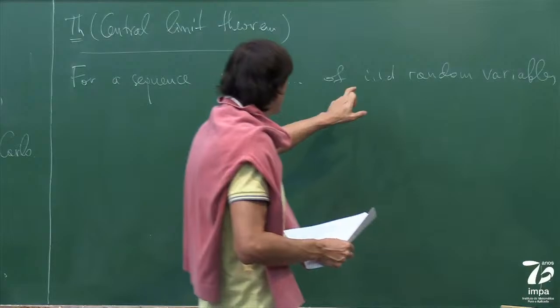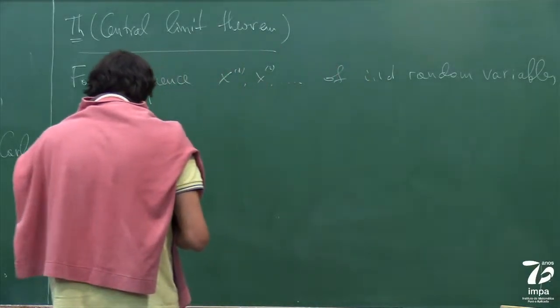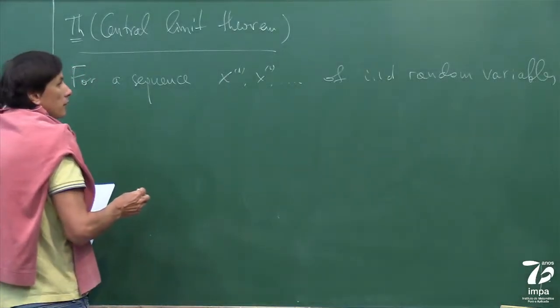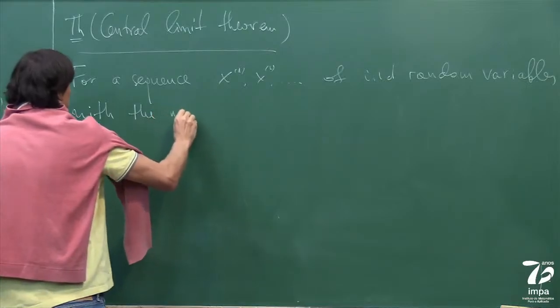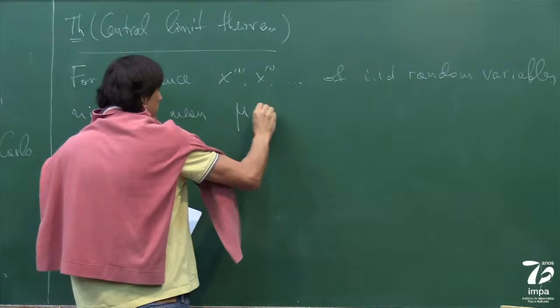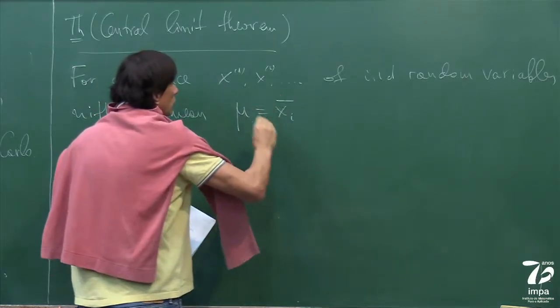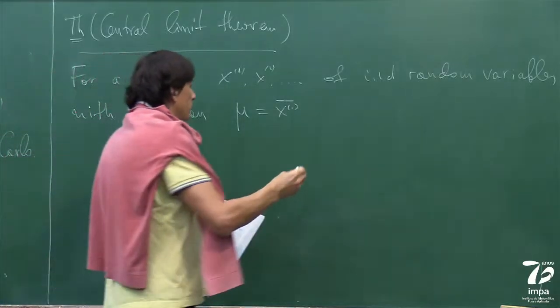They are independent and identical. Identical means that they have the same mean value, which is called mu, and all of them have the same variance.